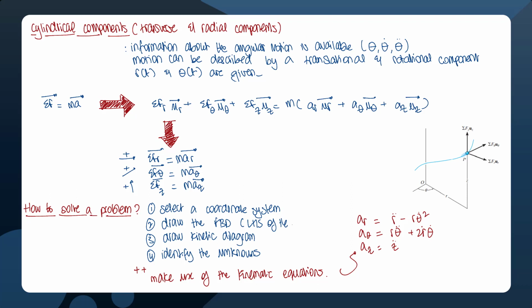So again, it is important to remember that in the case of the normal and tangential, or in the case of the transverse and radial, you will almost always make use of the kinematic equations to solve your problem. So you would make use of the kinematics and the kinetics equations to solve your problem.